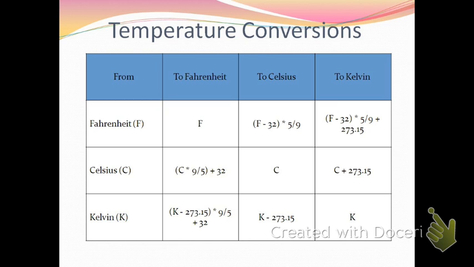And then when you go from Celsius to Fahrenheit, you're going to just flip that equation and take your Celsius and multiply it by 9/5, and add 32, and that's going to give you your Fahrenheit measurement.